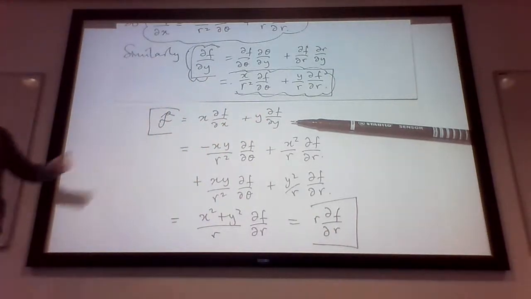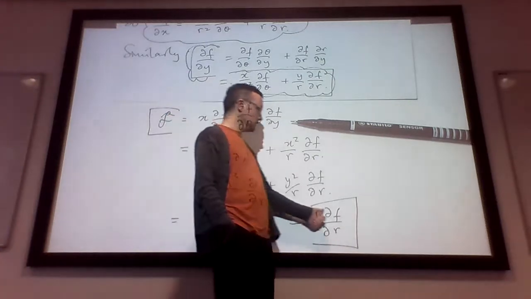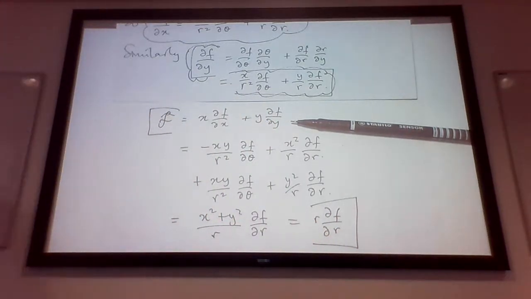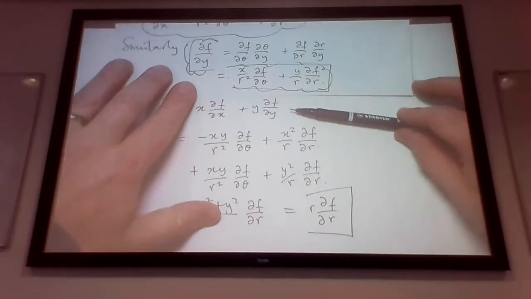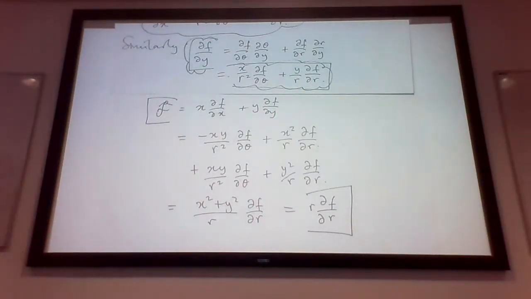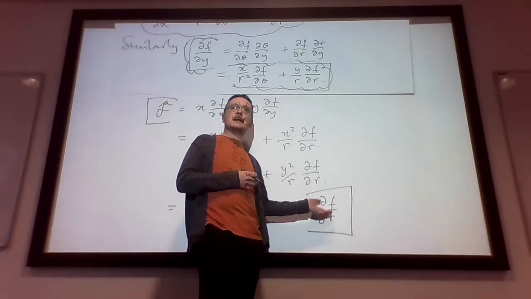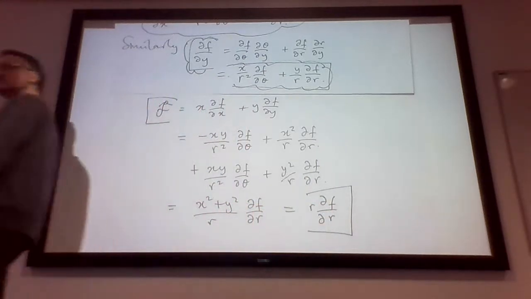It has a far simpler structure in terms of the polar coordinates, because it's now just a single derivative df/dr multiplied by its corresponding variable r. The quantity curly f seems to be completely independent of the angle variable theta. It only depends on information about the radius and how the function f depends on the radius.